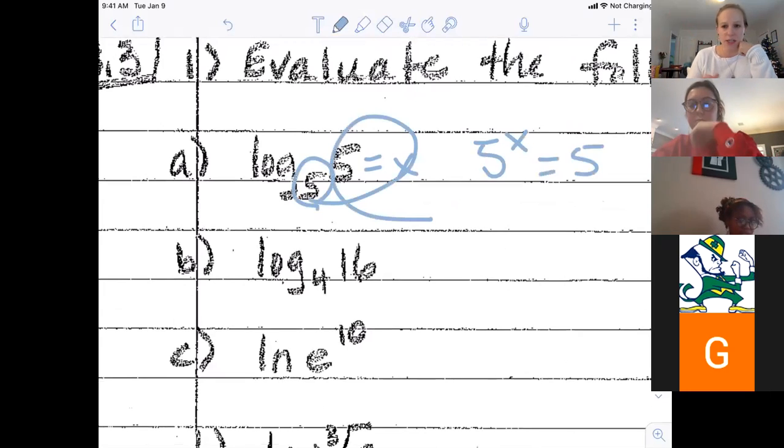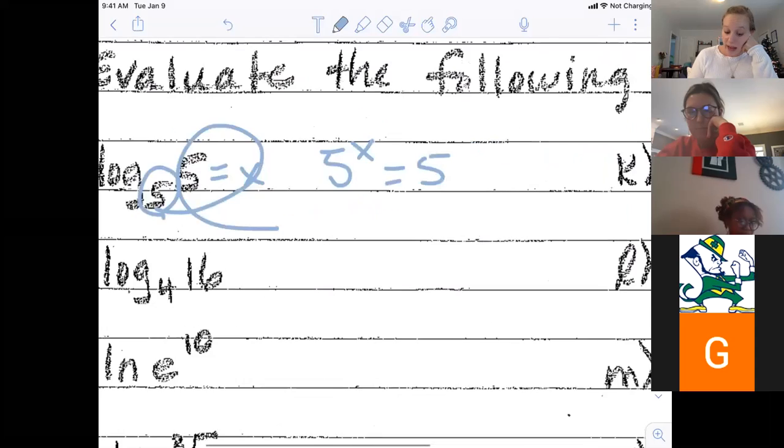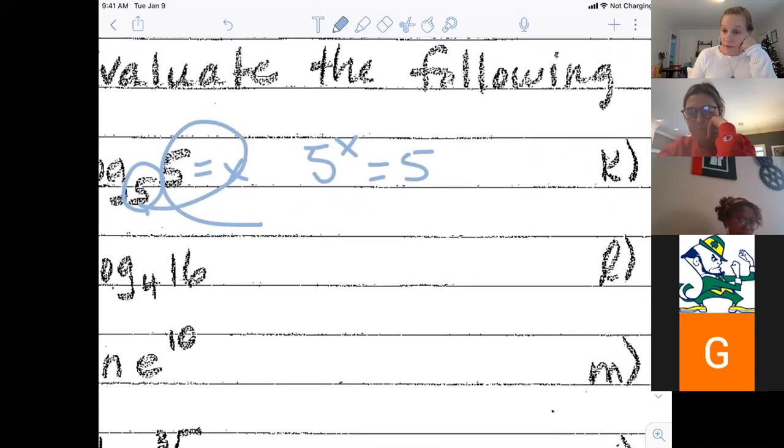Anyone have questions on my mechanics of the log roll? Do you call it something else with another teacher maybe? Okay. Now I have 5 raised to the x equals 5. Well, 5 to what power would be 5? 1. I'm just writing what the exponent will be. 5 raised to the first will be 5.